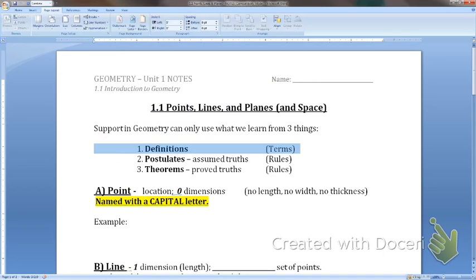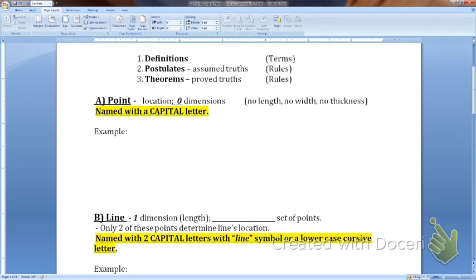Now, if you don't know what a point is, let me just tell you. It is a location that has no length, no width, no thickness. It is named with a capital letter. So we could say that we have point A. So it's a little circle, little dot, however you want to make it.